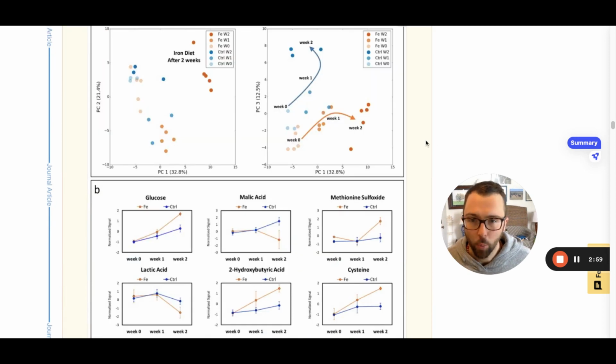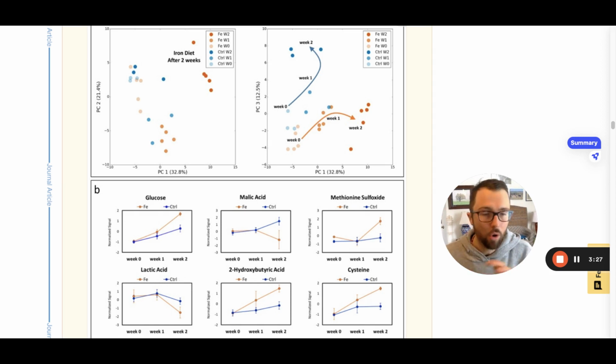Here in figure 1, they are graphing out the changes over time of 6 specific metabolites that they were focusing on to paint a picture of the oxidative stress, the inflammation, the energy systems being used. Those 6 are glucose, malic acid, methionine sulfoxide, cysteine, 2-hydroxybutyric acid, and lactic acid.